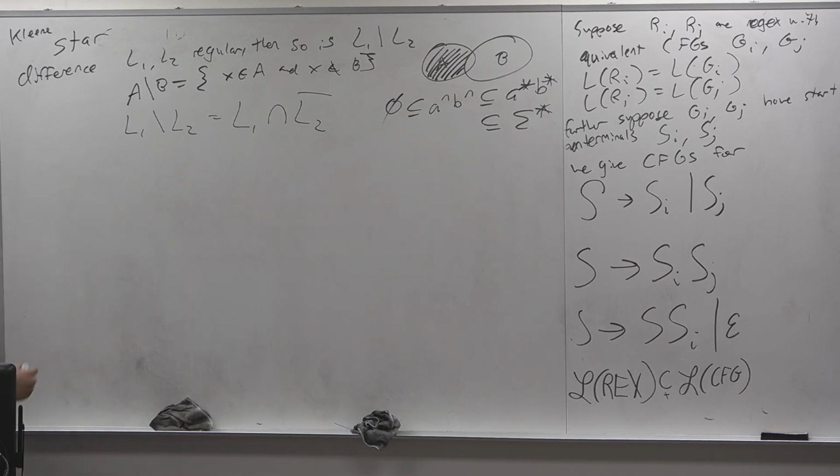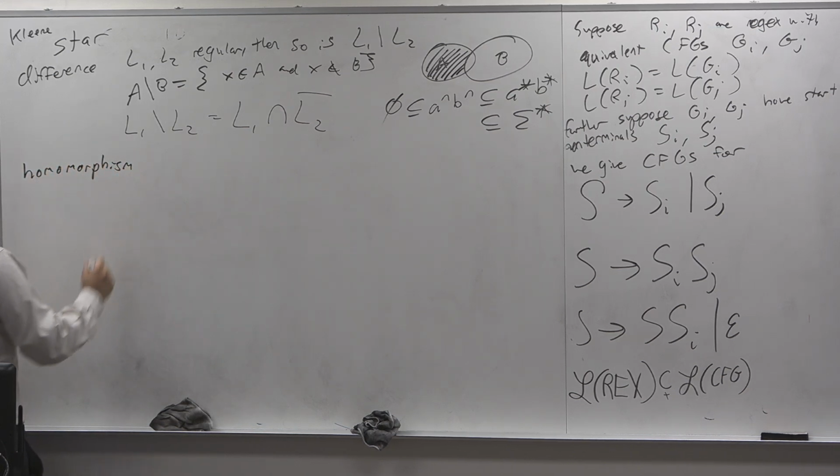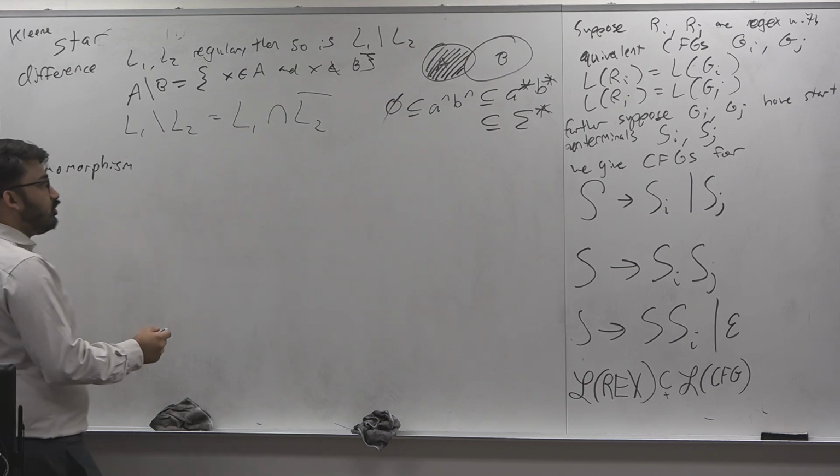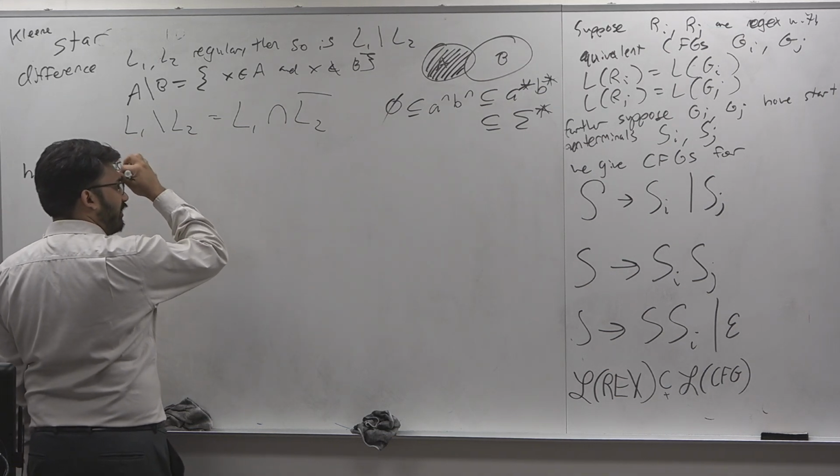Okay, homomorphism. Here's a hard one. Has anyone heard the word homomorphism? Okay, you may have seen homomorphisms but not known that they're called that. A homomorphism has a very nice property.